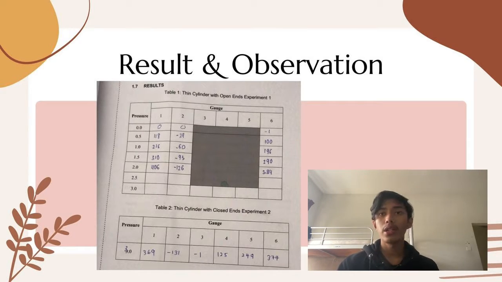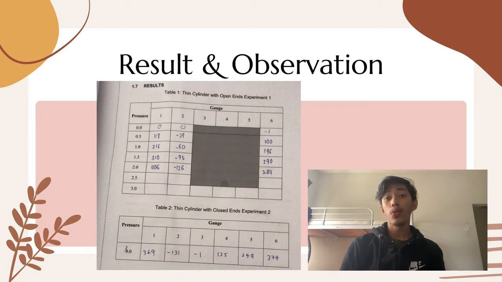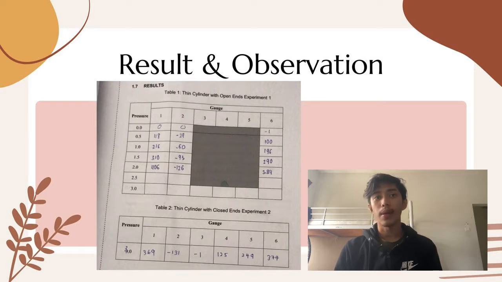The value of gauge 1 when the pressure increases to 1.0 is 216, gauge 2 is negative 16, and gauge 6 is 196. When the pressure is 1.5, the value at gauge 1 decreases to 215, gauge 2 decreases to negative 93, and gauge 6 is 219.